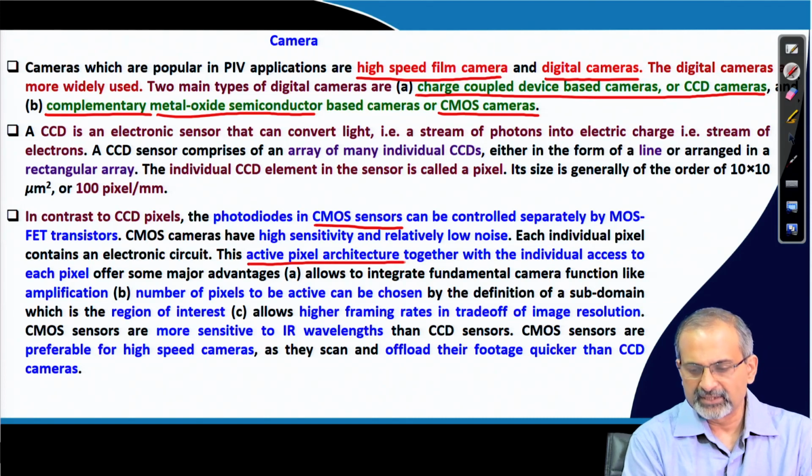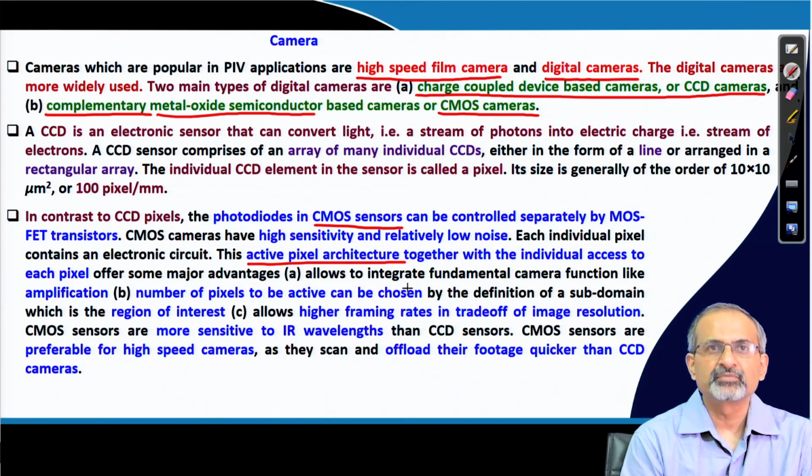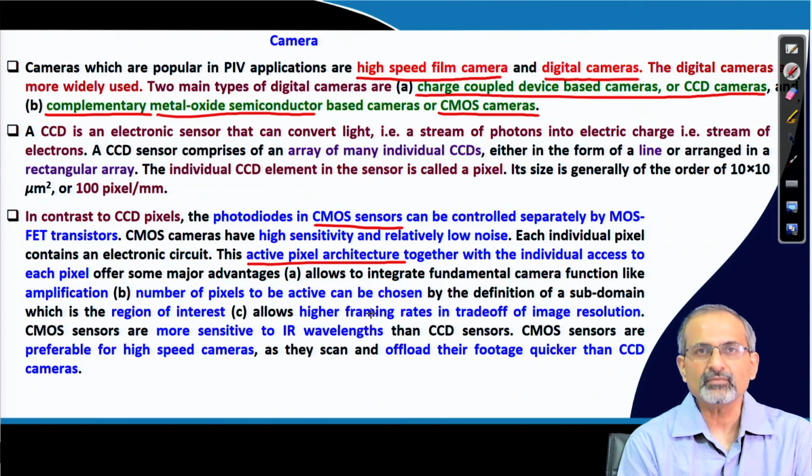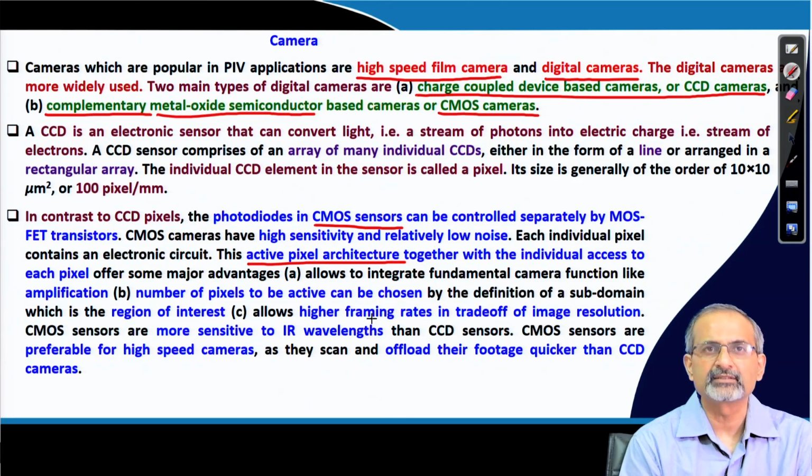The active pixel architecture which is used gives individual access to each one of the pixels, and this could be a very big advantage in the sense that you can integrate some fundamental camera functionalities like amplification, controlling the number of pixels to be active based on the region of interest, or allowing higher frame rates in trade off with image resolution, etc. Also, in the IR wavelengths they are more sensitive.